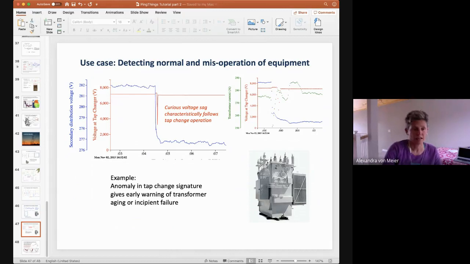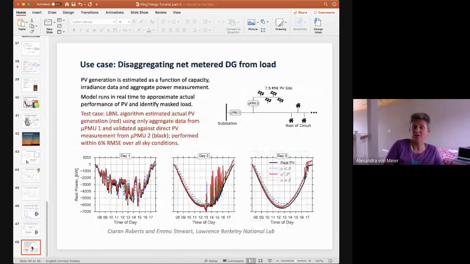And then lastly, this was a question that was asked: how do you figure out how much solar is connected? If the solar isn't measured directly, all you have is a net measurement like we had from PMU1 that includes a bunch of loads and a bunch of solar generation, and you don't really know which is which.